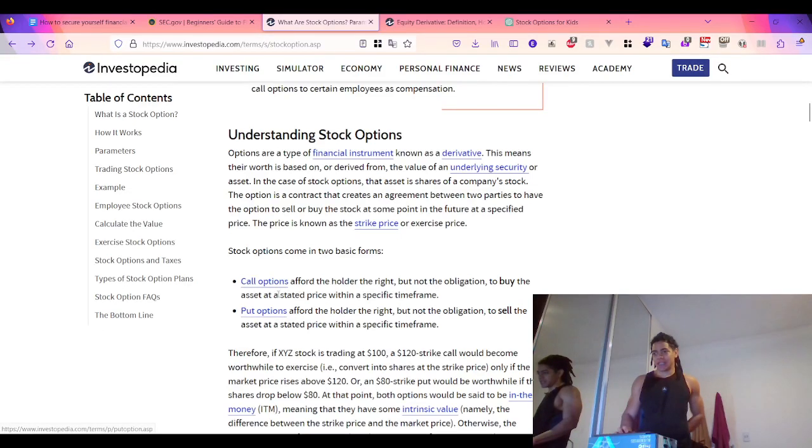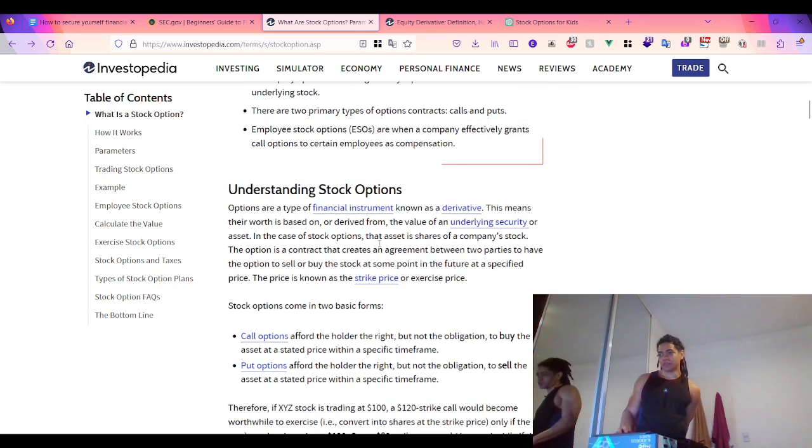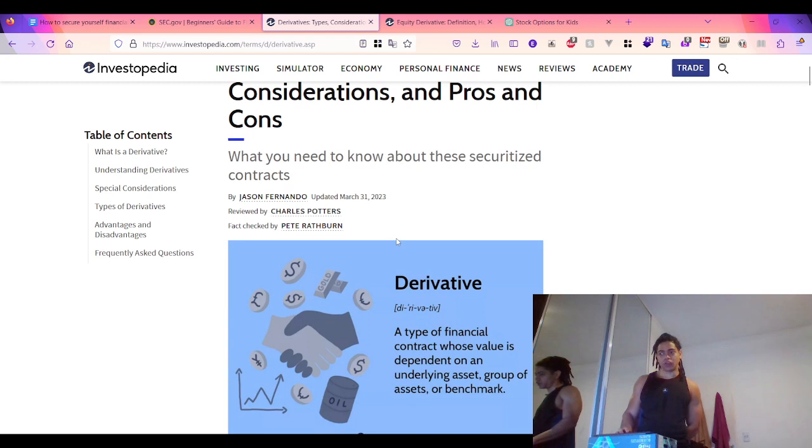Stock options are a type of financial instrument known as derivatives, where their value depends on an underlying stock or an underlying asset.